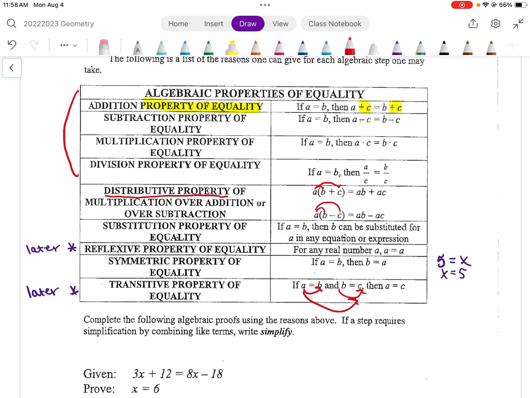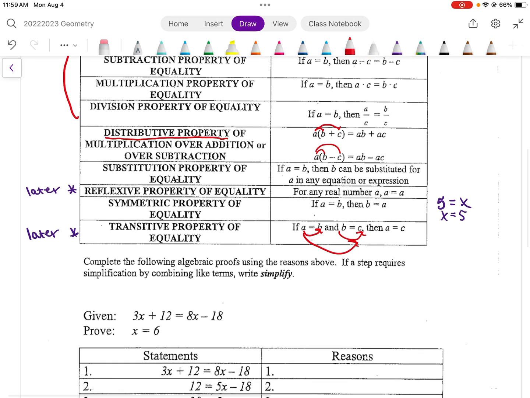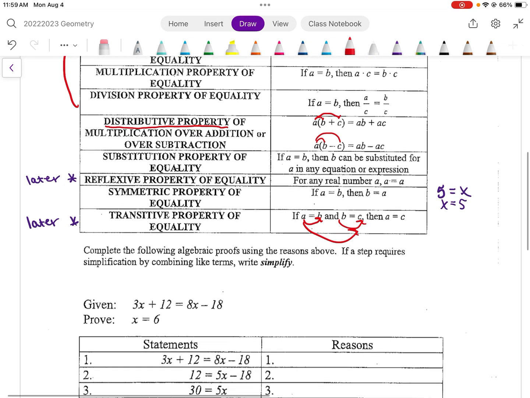A takes you to B, B takes you to C, therefore A takes you to C. We'll use that a lot later on, not quite yet though. So that's why I had you star those two. Everything else we're going to use today.